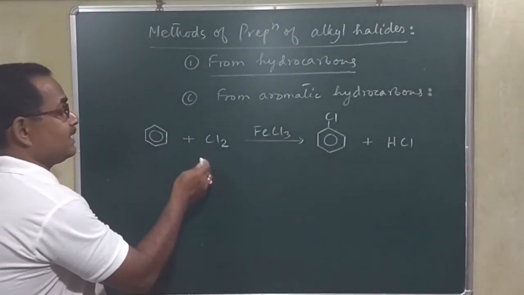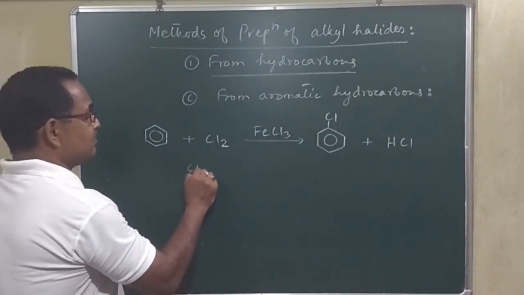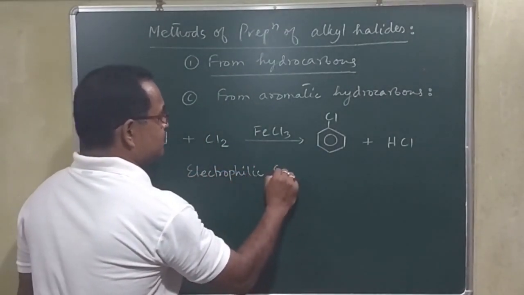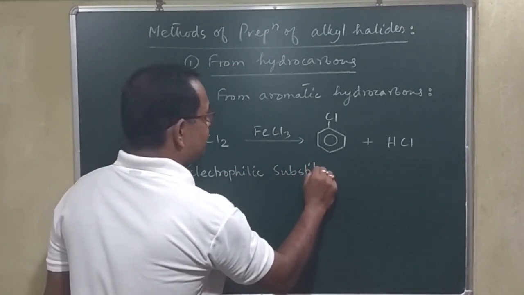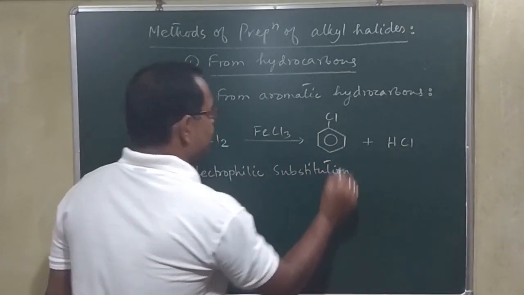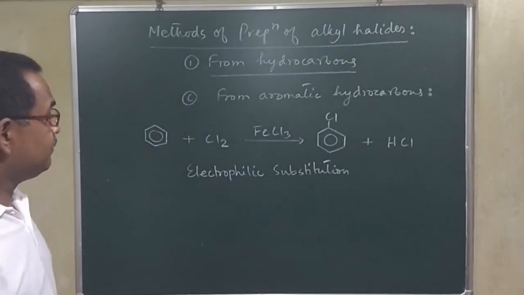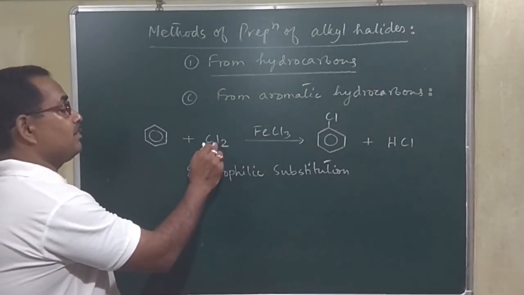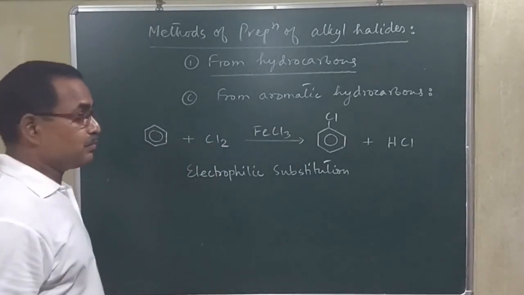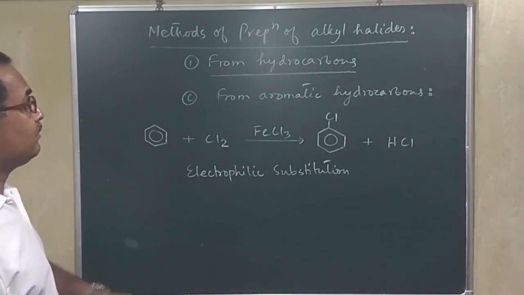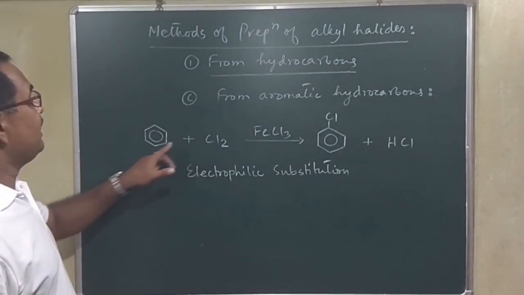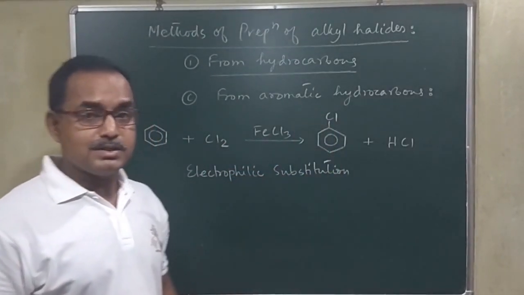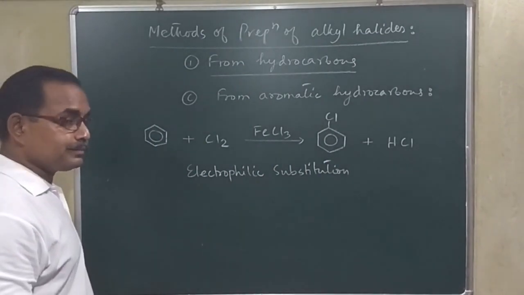This reaction is an example of electrophilic substitution. Here chlorine Cl2 reacts with FeCl3 to produce an electrophile. That electrophile then attacks the benzene nucleus and thereby you get chlorobenzene as a product.